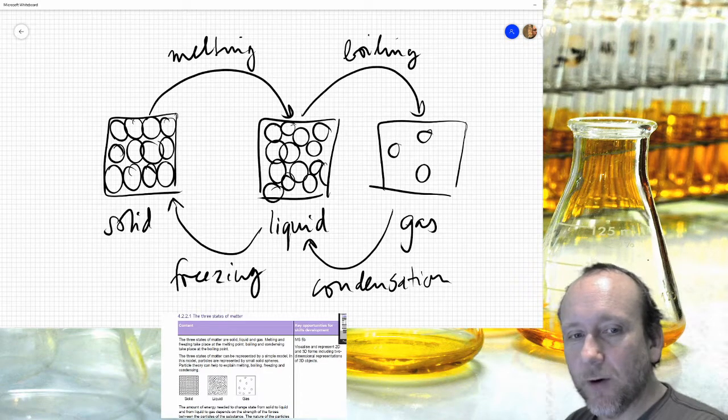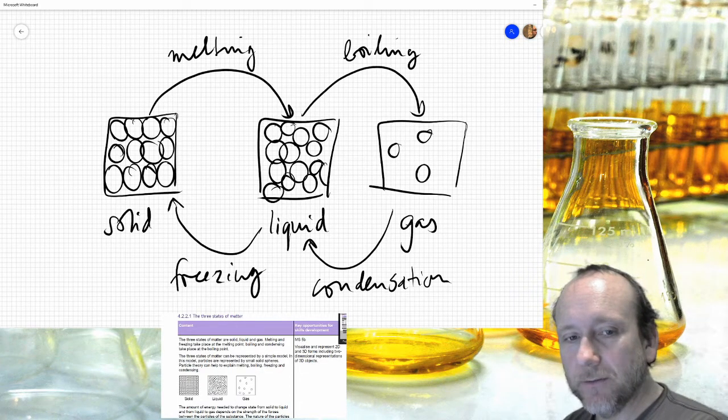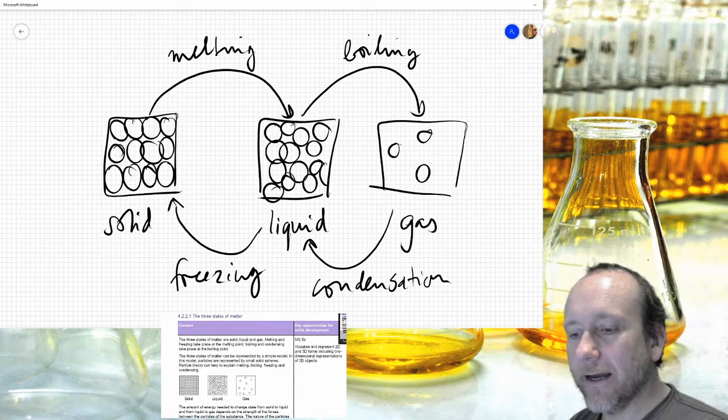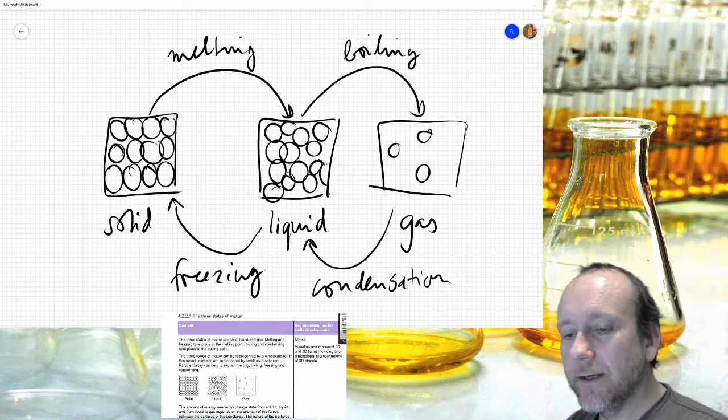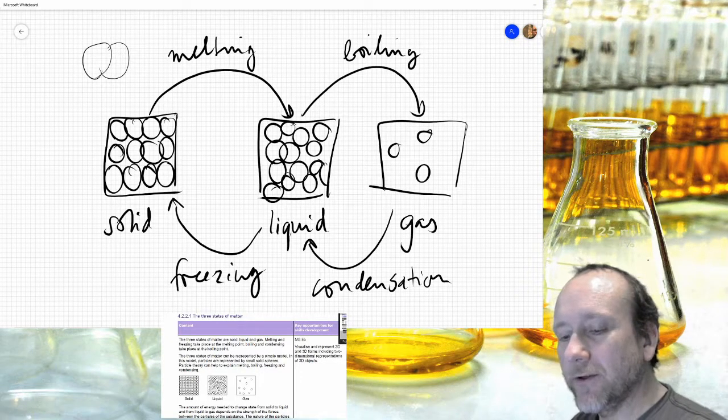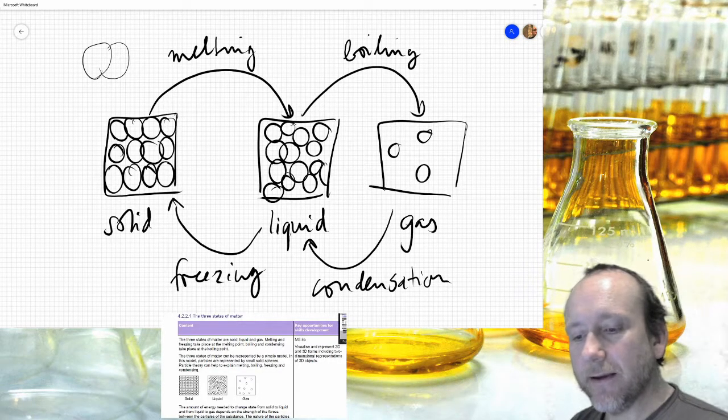Then the second limitation of this model is that we have spheres. And to all intents and purposes, that's all right. As a model, that's fine. So if we're looking at oxygen and nitrogen, we know that they are basically two atoms bonded together. They are twins, as we say.